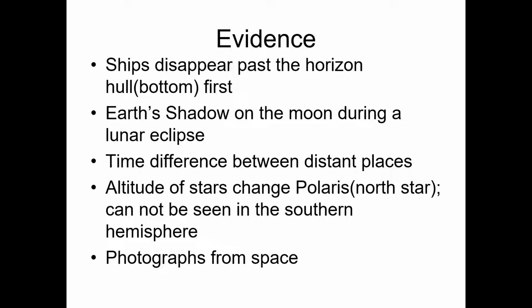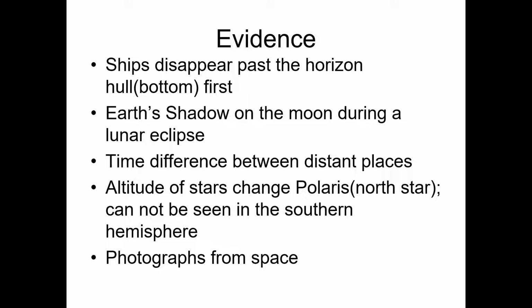Another thing that they started to notice when they started paying more attention to the stars was one particular star, which is Polaris, not the snowmobile. Polaris is the official name for the star that's called the North Star. They would notice that this star would be in different spots depending on where they were in their travels.